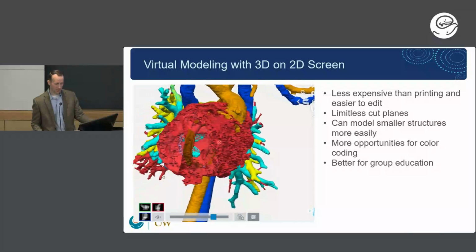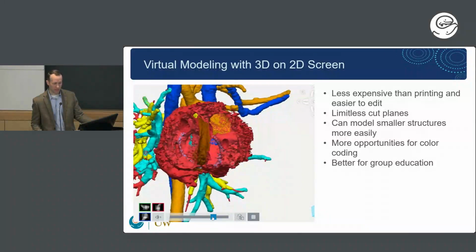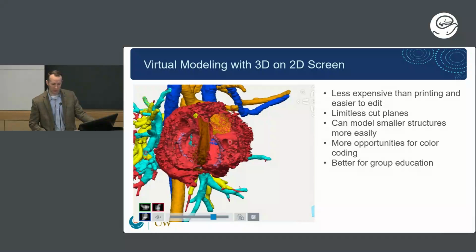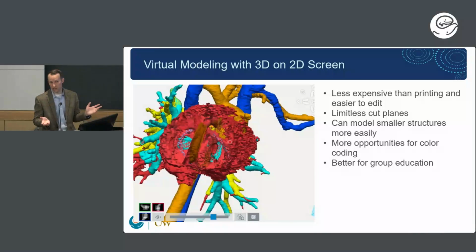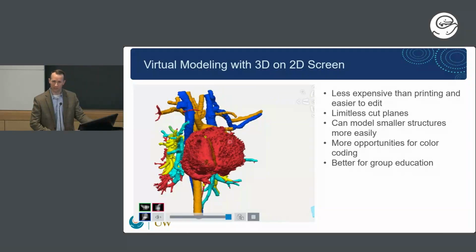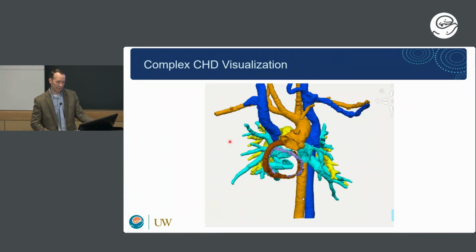This patient has an AV septal defect in brown, and the AV valve annulus is in purple. The outflows are predominantly coming off of this left-sided ventricle. This is nice for group education because I can display this on the screen for all of you to see, rather than huddling around something that's difficult to see.